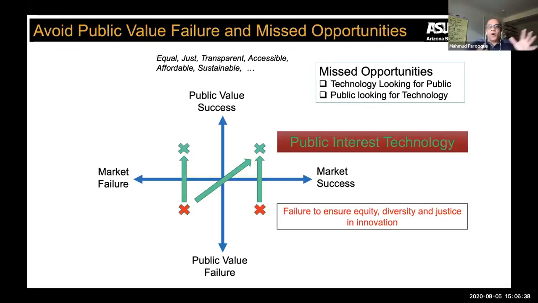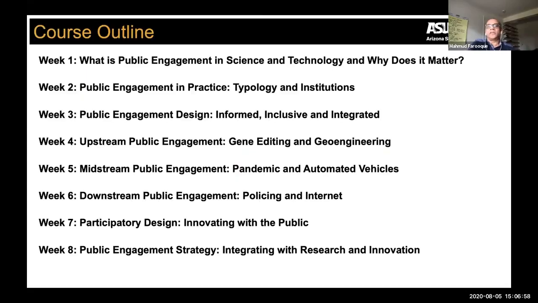So how do we organize this in a systematic way, so we can help technologists, planners, and decision makers engage the public in a way that helps them make better decisions about what they're doing? The course that I've thought about is laid out in 8 sequences and tries to get at that in a systematic way.